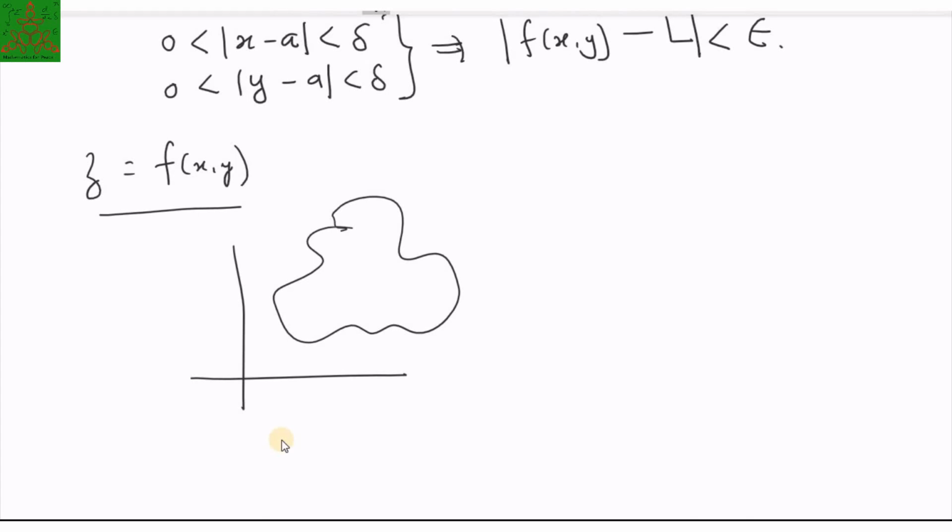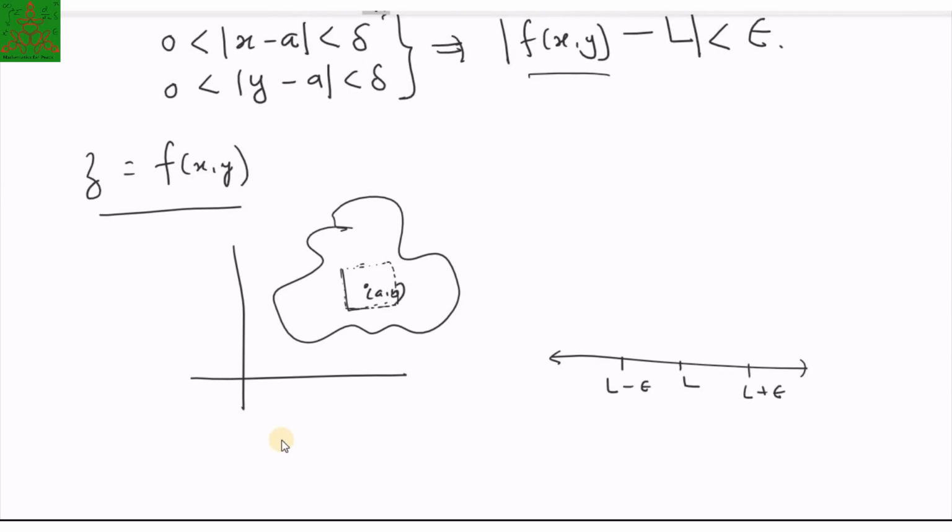There is a point (a,b) in this domain, and the neighborhood of that we have considered as this rectangular box, and the image of that under this function lies on the real line from L minus epsilon to L plus epsilon.